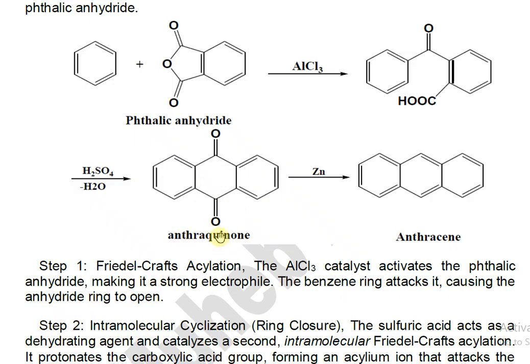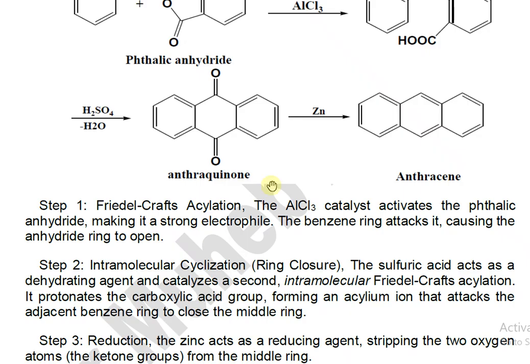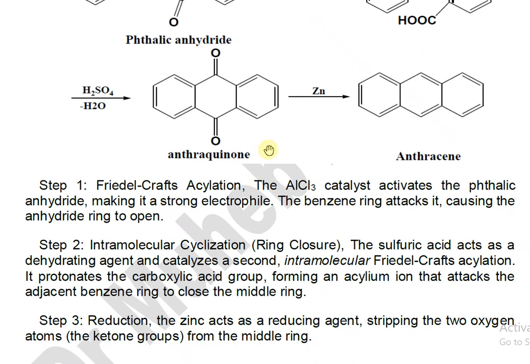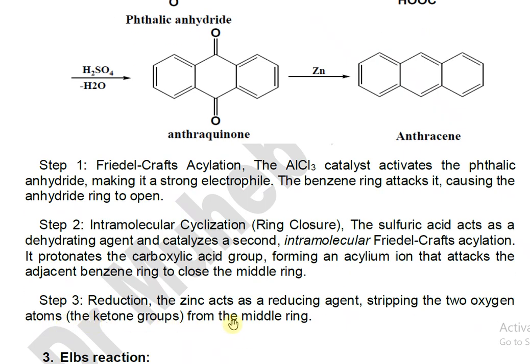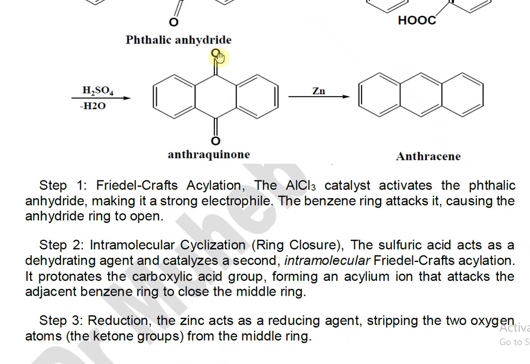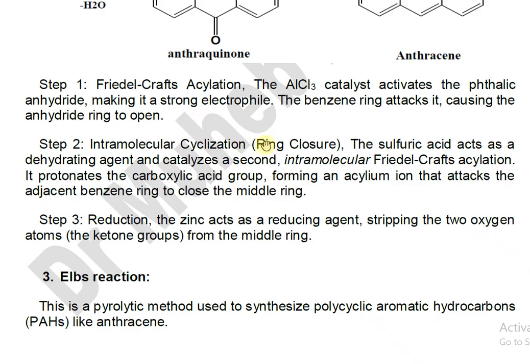Then by Clemmensen reduction, the carbonyl group is converted to the CH group of anthracene, using zinc as a reducing agent, stripping the two oxygen atoms, the ketone groups, from the middle ring. It removes the carbonyl from positions 9 and 10.